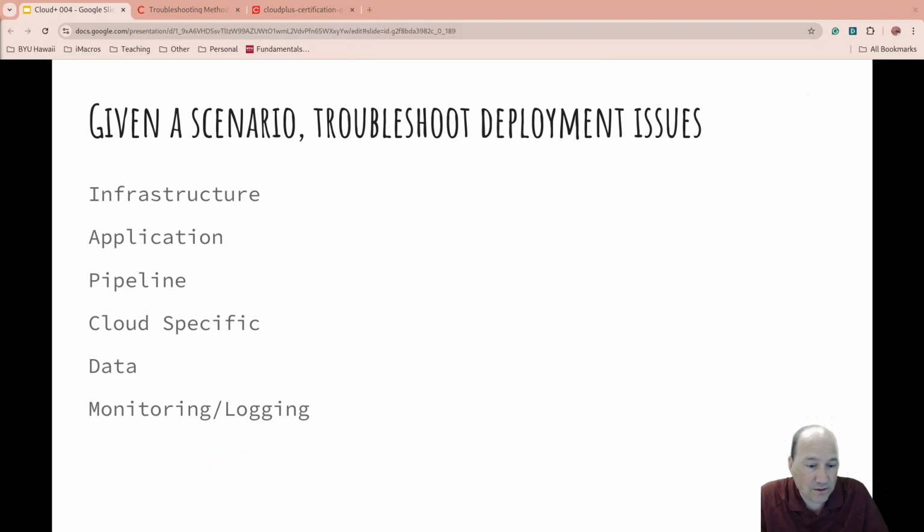Is there a code error? Was there some type of bug that we missed that just so happens to appear in prod that did not appear earlier? Maybe it was in the actual deploying of the code. It was a pipeline issue and there was an error in the build.